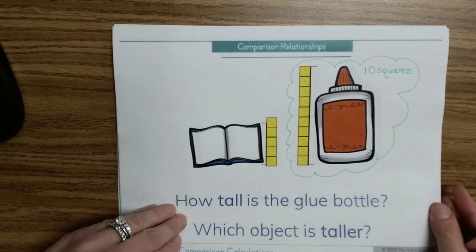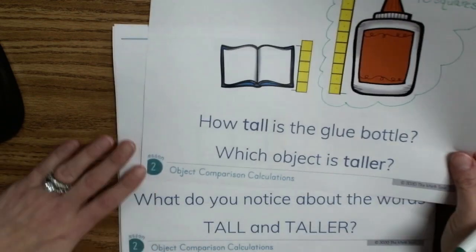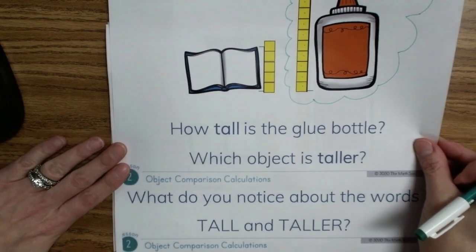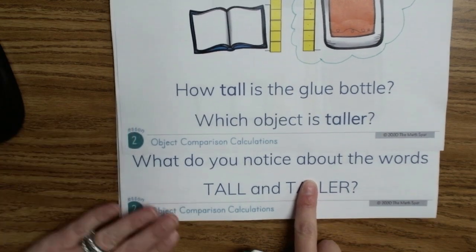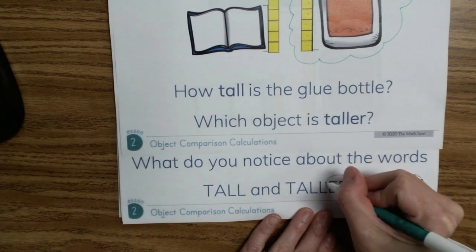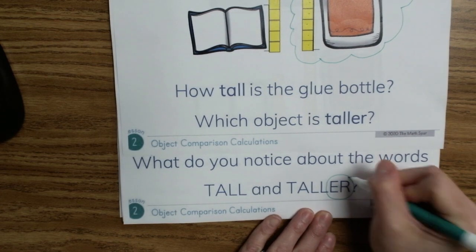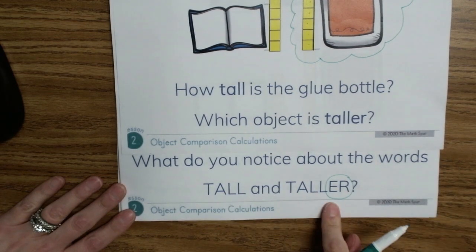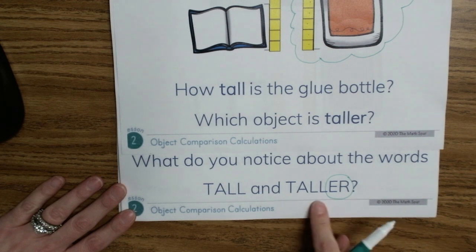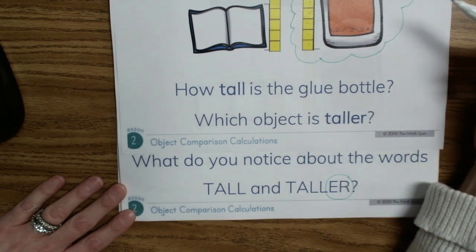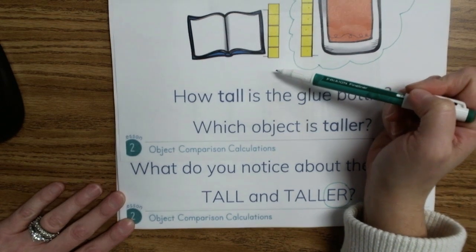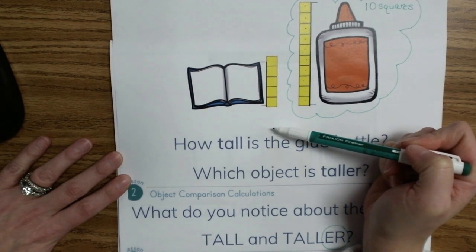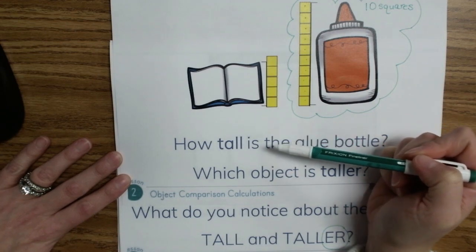So let's take a look. What do you notice about the words tall and taller? You're right, that ER is different. That ER is different because we know that the glue bottle is taller than the notebook. We know that. We can see it. Well, how tall?